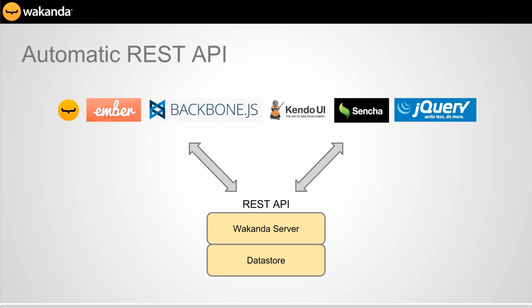So if you're using any of these front-end frameworks that you see here, or a plethora of other things, or even desktop applications, a REST API is a great generic way to be able to access the Wakanda server. We use it with our client-side framework, so we know that it's extremely extensive and definitely something that you can read up on and learn and get ultimate flexibility from Wakanda server as a backend for your applications.